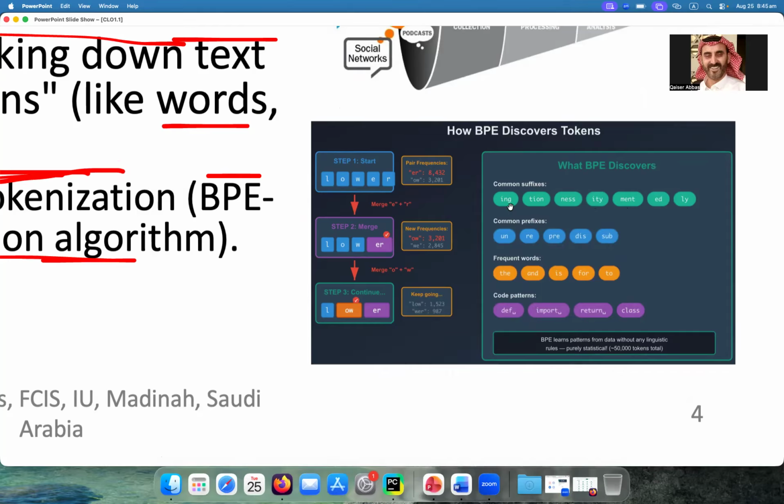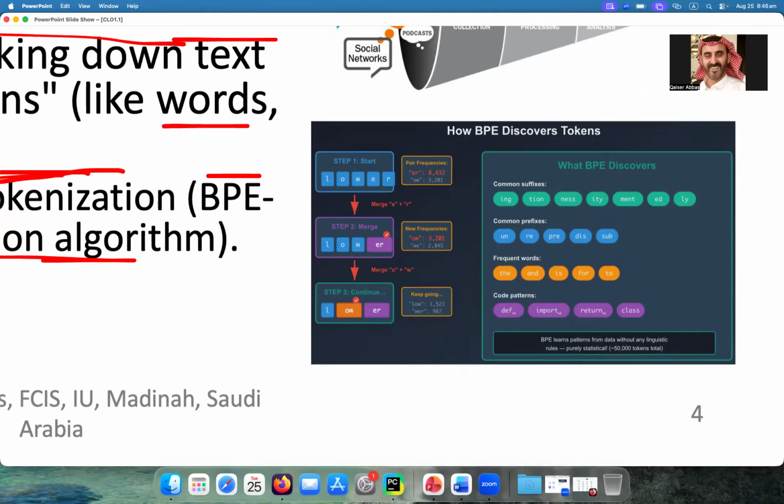Prefixes come at the beginning of the word, like un, re, pre, dis, sub. So it can extract these suffixes and prefixes automatically. You don't have to code any rule, okay?